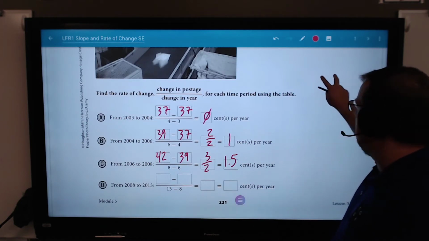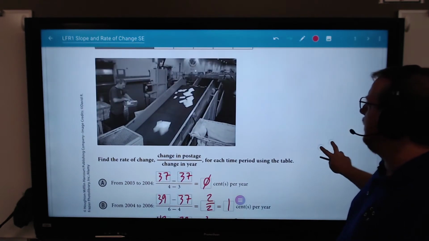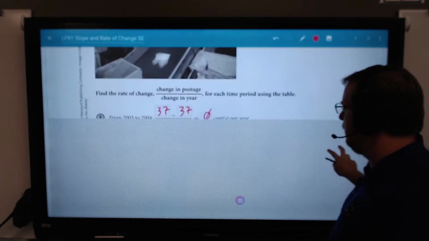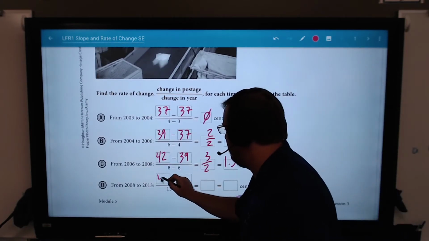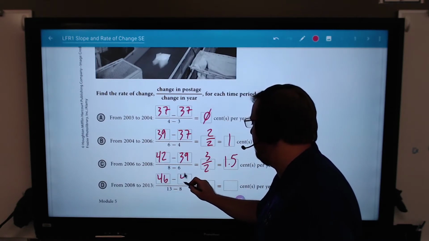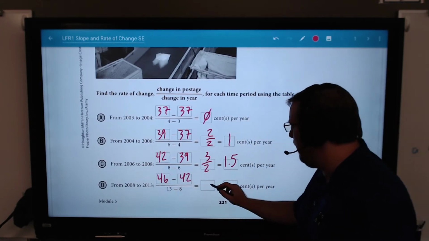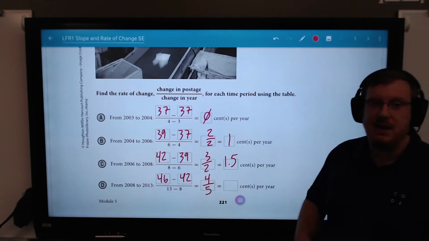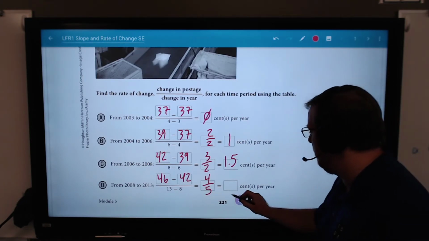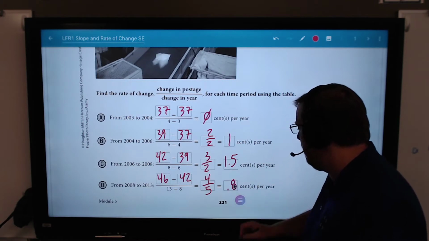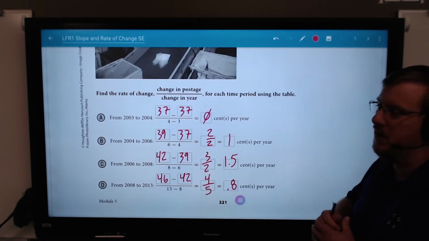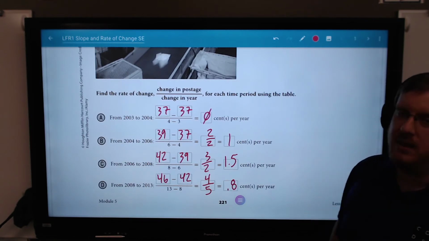From 2008 to 2013, in 2013, the rate changed to 46 cents. So that was 46 cents from 42 cents. So it increased 4 cents over the course of 5 years. If we take and make that a decimal, that ends up being 0.8 of a cent per year. So we've got these different time points, so we've been looking at them. All right. What does all that mean?